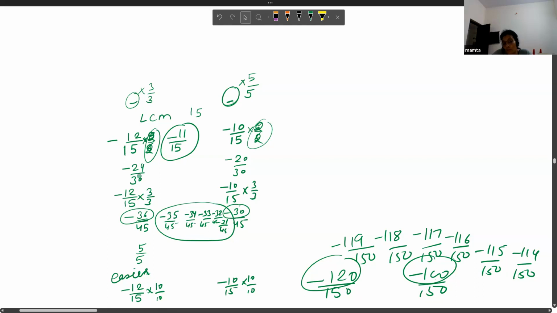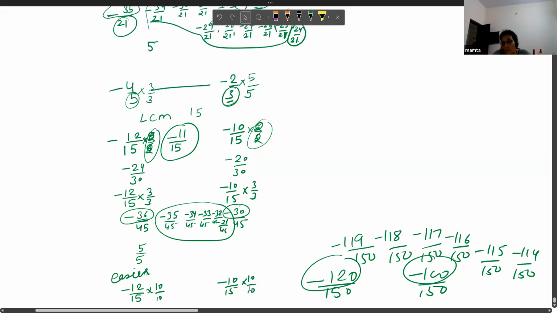But in the first step, you need to multiply and divide according to the LCM. In the second step, you can multiply to write more numbers between these two. You can multiply or divide with any number. It would be easier to multiply with 10, 10 both sides.